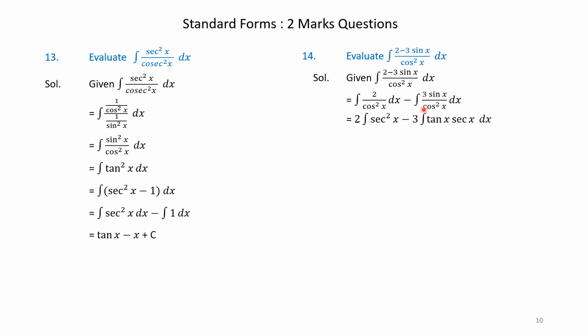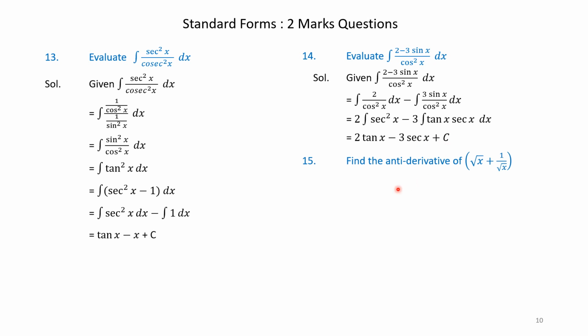The second term becomes minus 3 tan x secant x dx. Therefore, from the standard formula, 2 into tan x, since the integral of secant squared x is tan x, minus 3 into secant x, since the integral of tan x secant x is secant x, plus c.